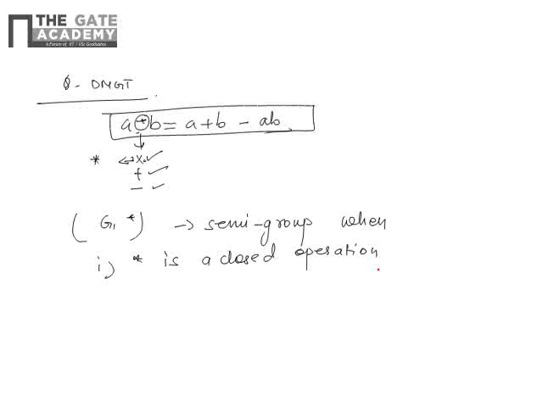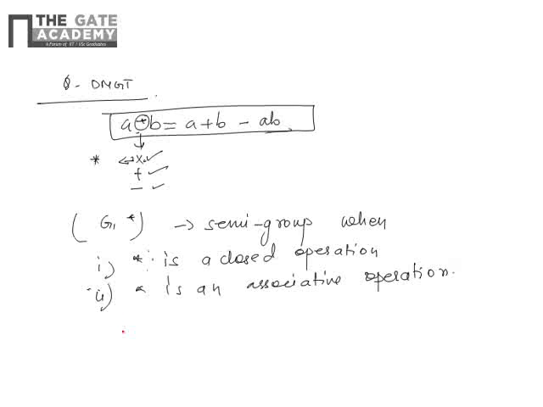By the closed operation, what I mean to say is whatever binary operation we are using, that should be independent of the set. Now the second one is that this is an associative operation. So let's check for the associativity first, so that we can prove that this is a semi-group. It is already a closed operation because it is not dependent on the set.